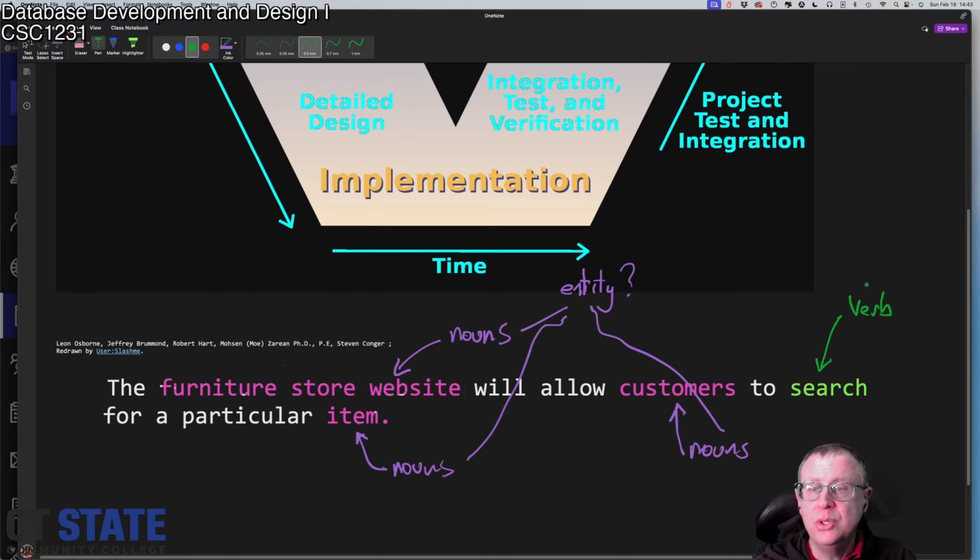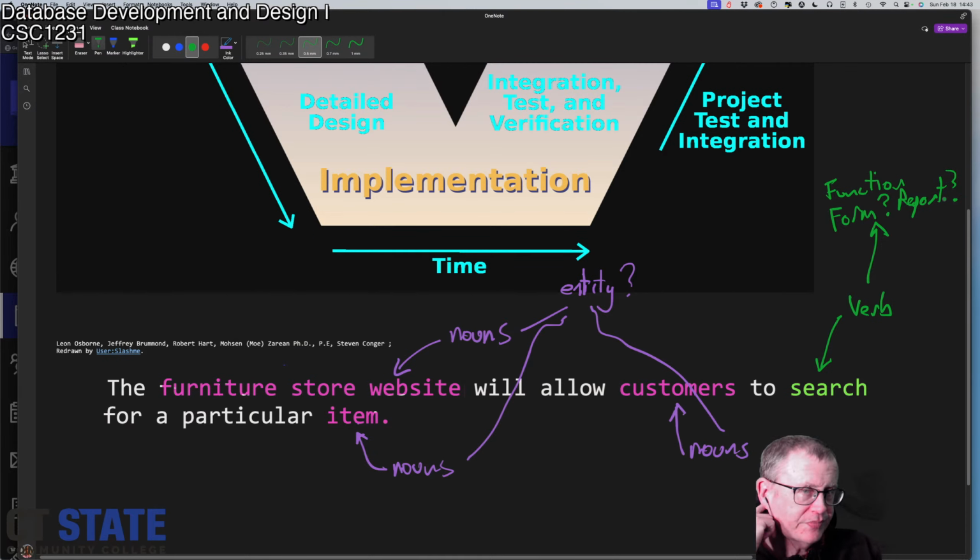And this verb is probably going to end up being, well, it's a function, but in terms of Microsoft Access, it's probably going to be a form or maybe a report, depending on how we want to implement it. Okay? For now, we're not there yet.